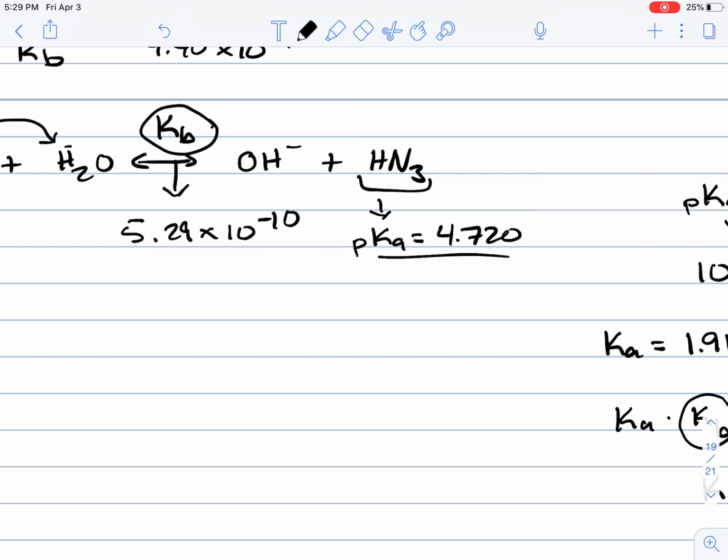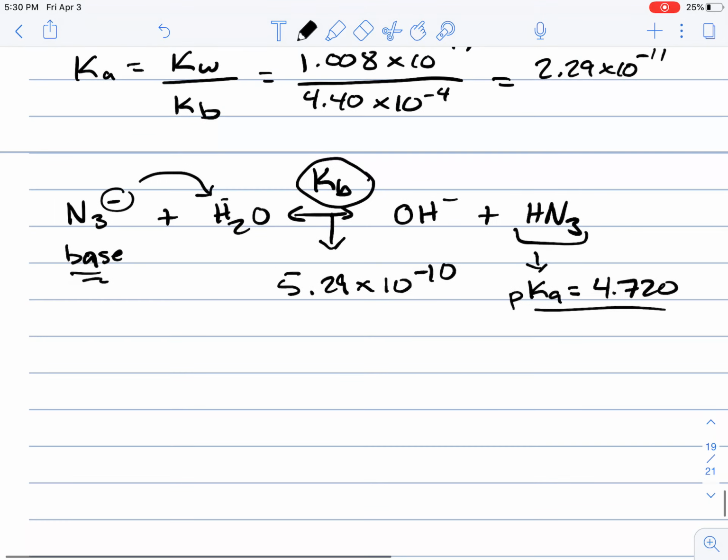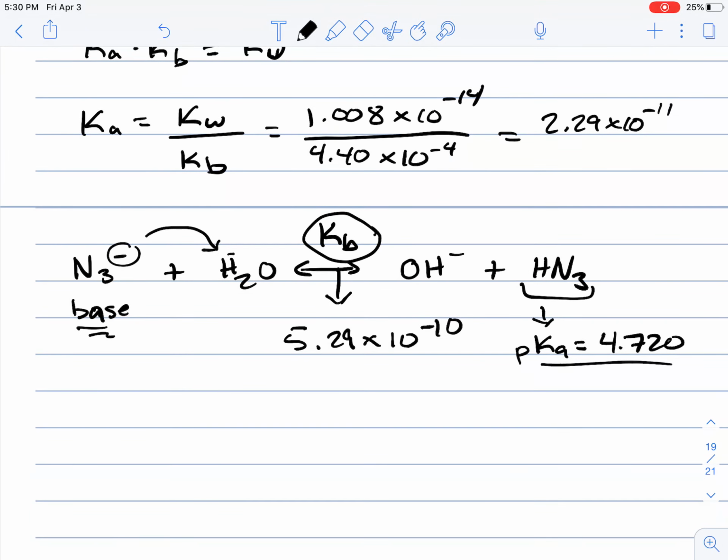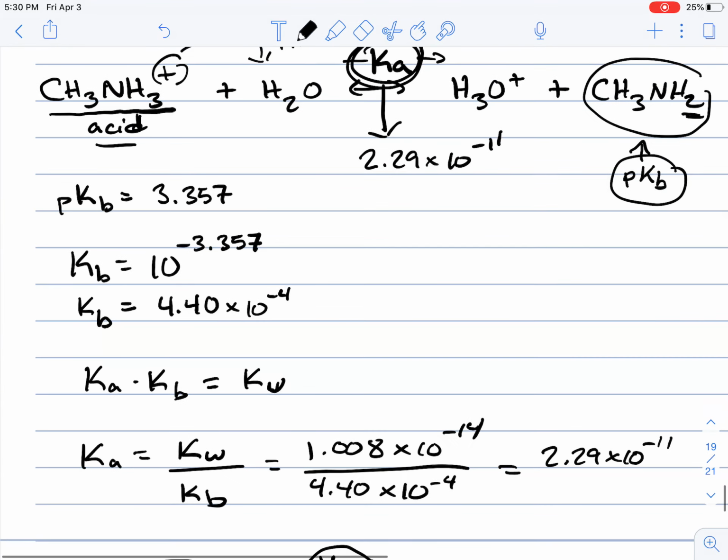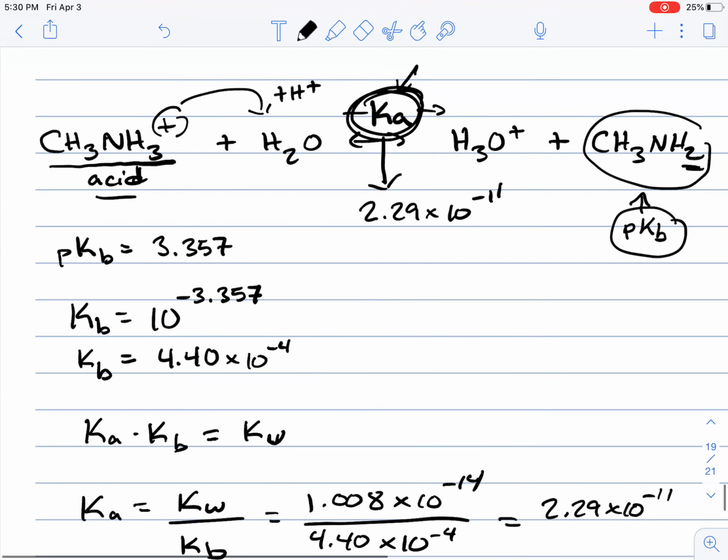Once again, these equilibrium constant values with respect to this topic are a measure of the relative strength of the ionizations of the base and the acid. To summarize, the relative strength of the ionization of the acid is 2.29 times 10 to the negative 11.